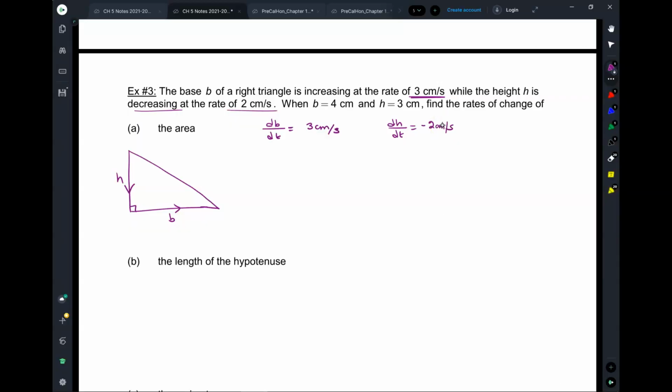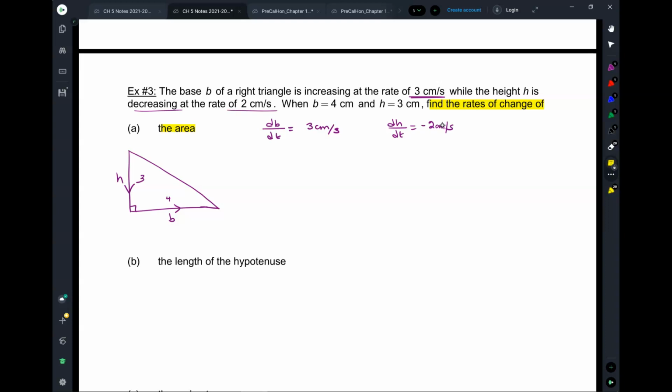All right. And then we want to see what happens when the base is 4 and the height is 3. So look at this. I haven't even started solving this problem, and look at how much I've already written down. All right. Okay, so we want to find the rate of change of the area. Just like with optimization, whatever you were trying to maximize or minimize, you had to write an equation for that quantity.